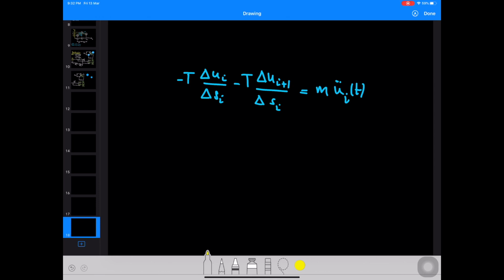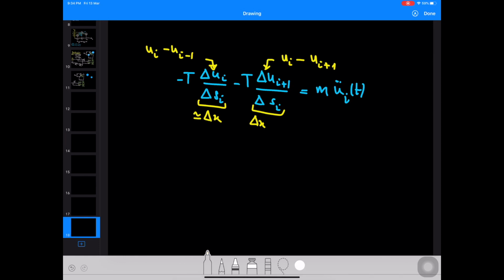So this is the equation of motion in the y-axis. As we said, delta s_i will be replaced by delta x, and we also have delta u_i is equal to u_i minus u_i minus 1, and delta u_i plus 1 is u_i plus 1 minus u_i.